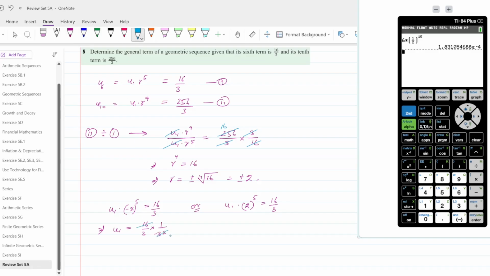So this will cancel 32 two times, and u1 comes out to be negative 1 by 6. And from here, u1 equals 16 divided by 3 times 1 divided by 32. 16 cancels 32 two times, and u1 comes out to be 1 divided by 6.